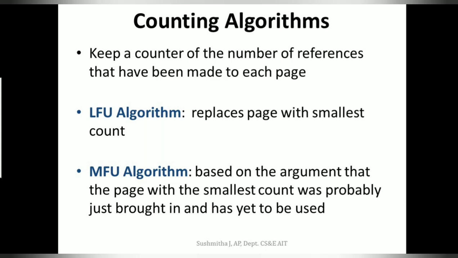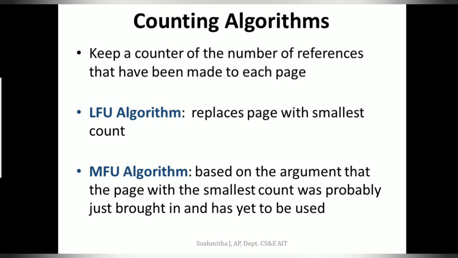The page that is least frequently used will be the page that is eligible to be replaced. Whereas in MFU it is totally opposite. The page that is most frequently used will be the page that is replaced. Here it is based on an assumption that because it is most frequently used, it may not be called again.